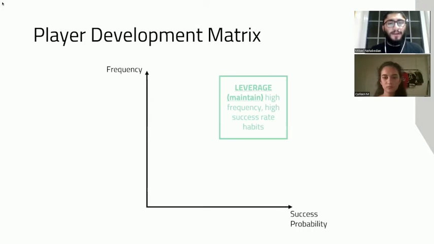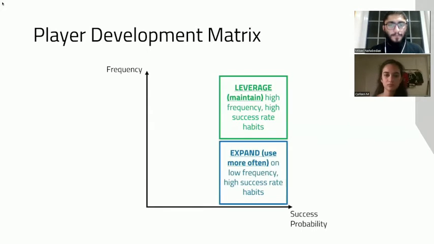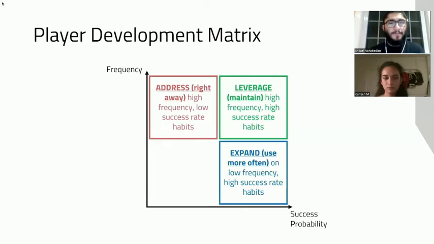In terms of filling up this matrix, the first quadrant is the leverage quadrant, which are habits that players do often and well, and that they should continue to do and maintain in order to positively impact the game. Then we have the expand quadrant, which are habits that players could do more often in order to positively impact the game, as these represent habits that are low frequency but high success rate.